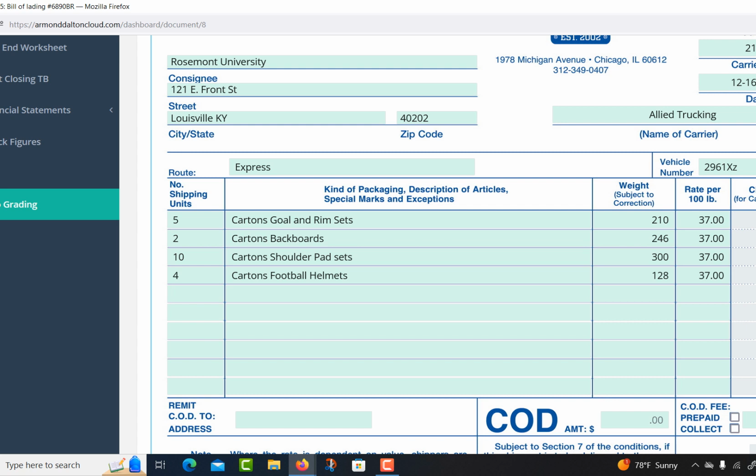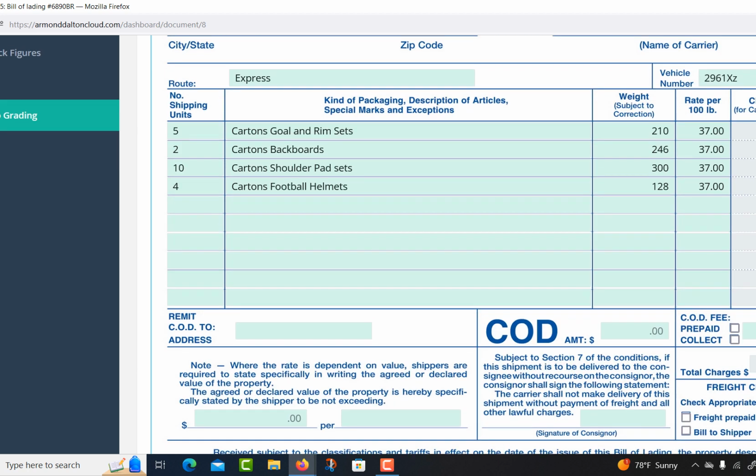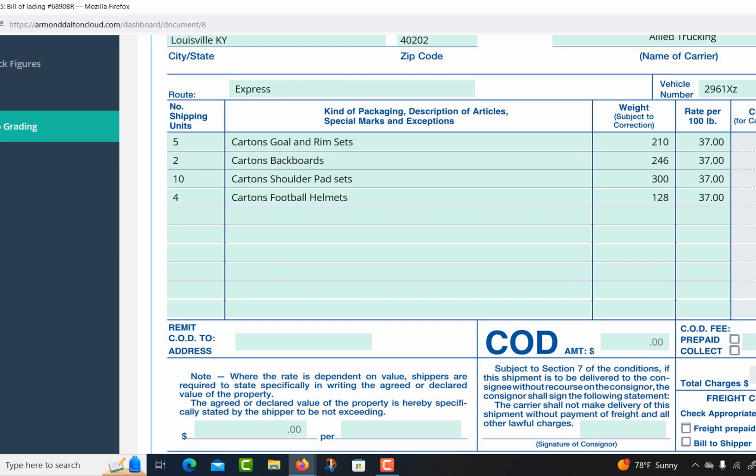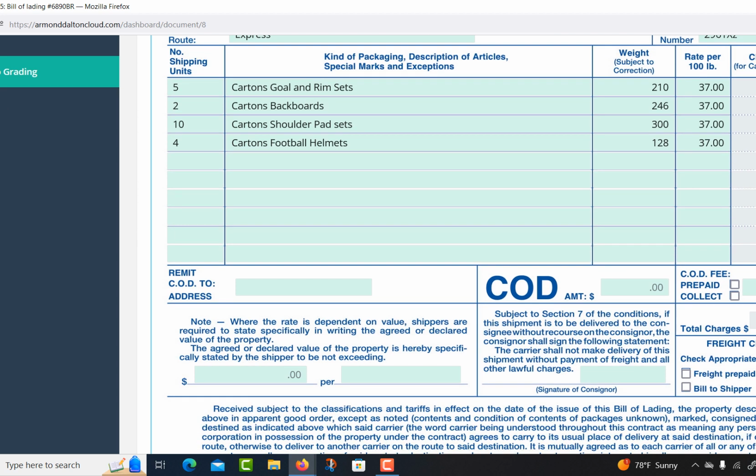So that's going to work out to these weight numbers. You don't have to calculate the extension. You have to calculate the weight and put in the rate per pound, but basically the form itself will calculate the total that's over here. And the total charge on this shipping will be $327.08.